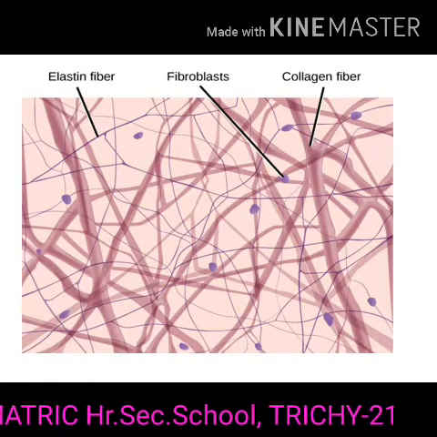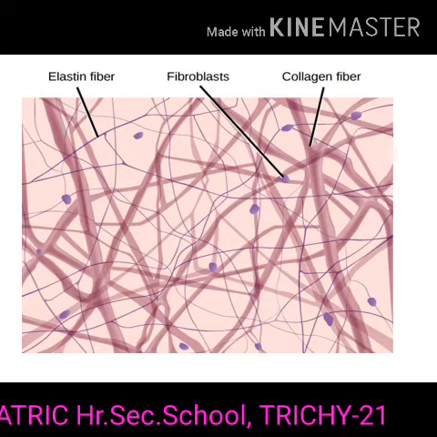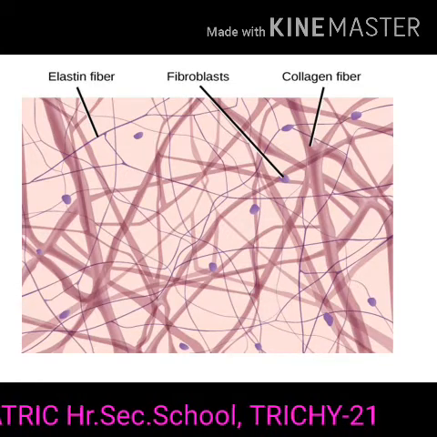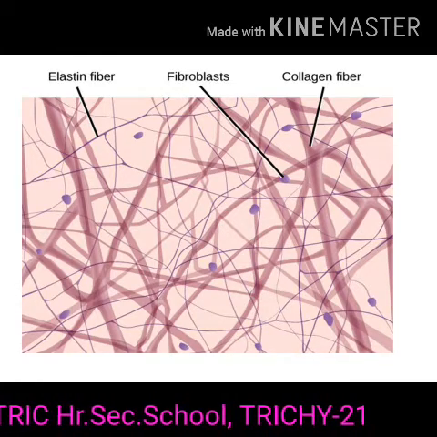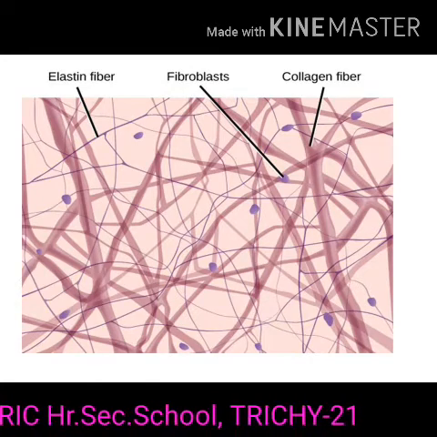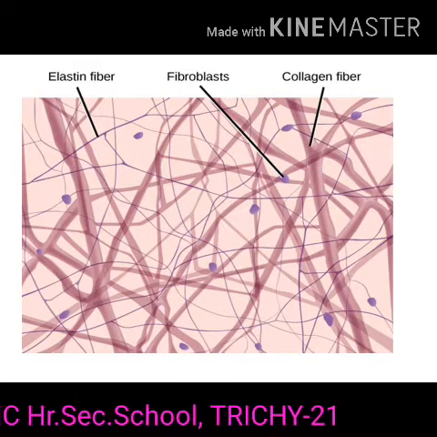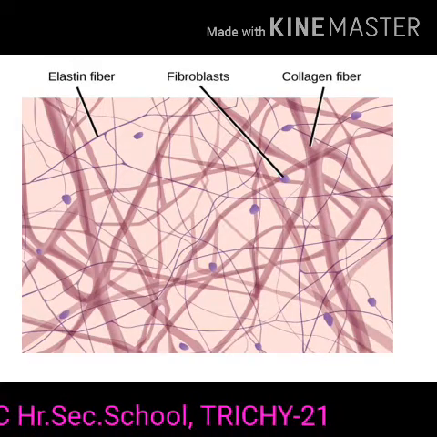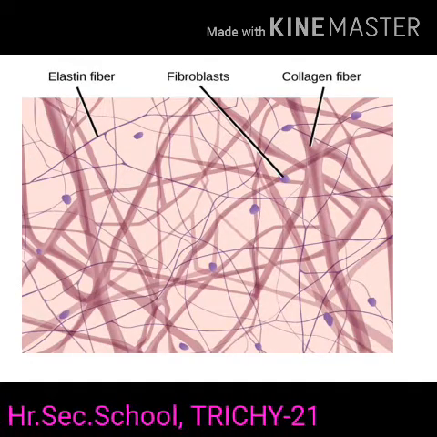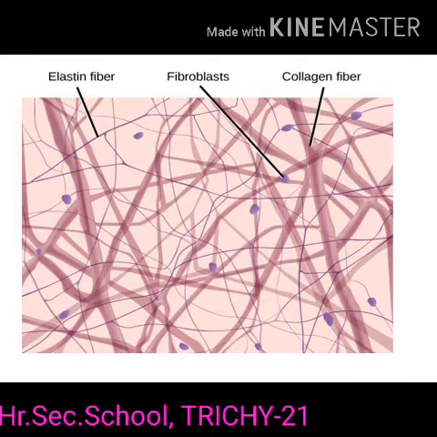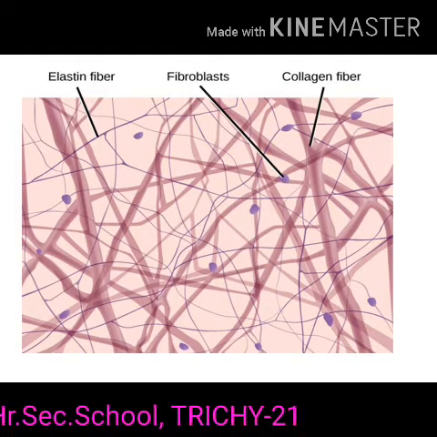It joins skin to the muscles, fills space inside the organ, and is found around muscles, blood vessels, and nerves. It helps in repair of tissues after injury and fixes skin to underlying muscles.